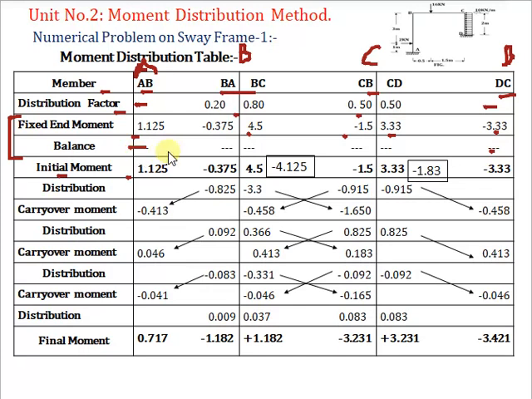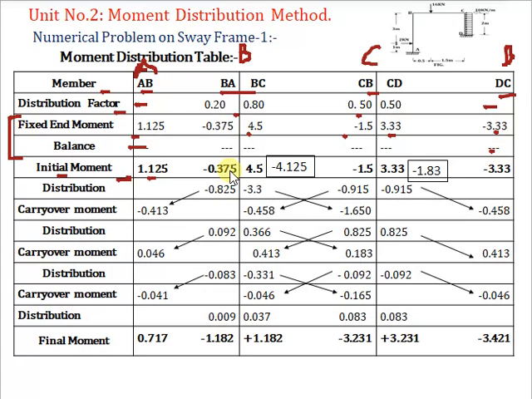Here the end supports are fixed, so balancing is not required and the balancing moment becomes 0. So we have initial moment the same as the fixed end moment.